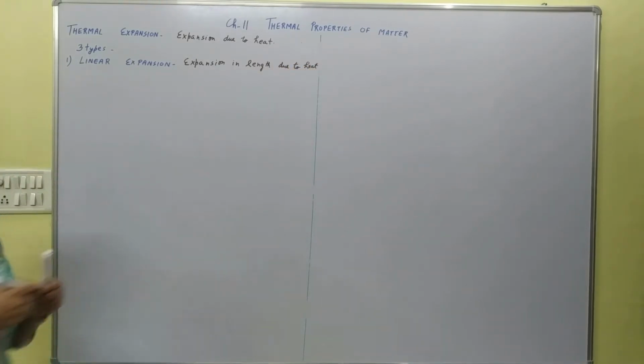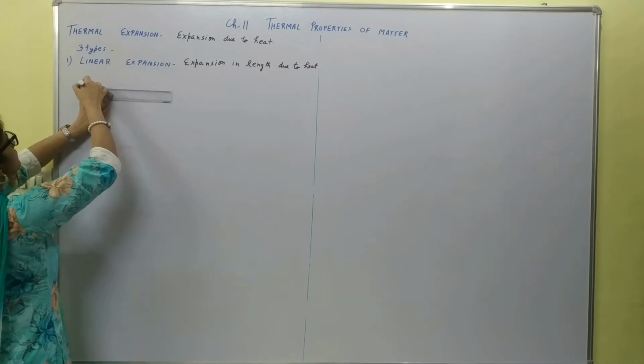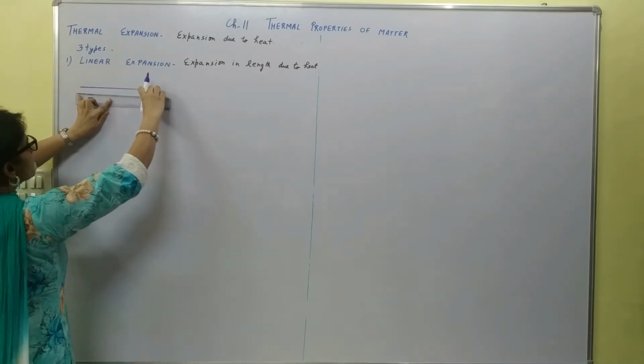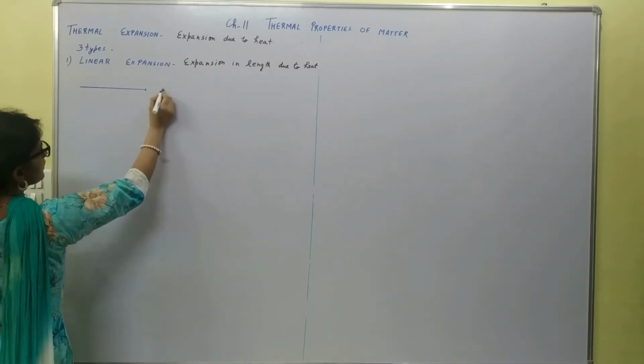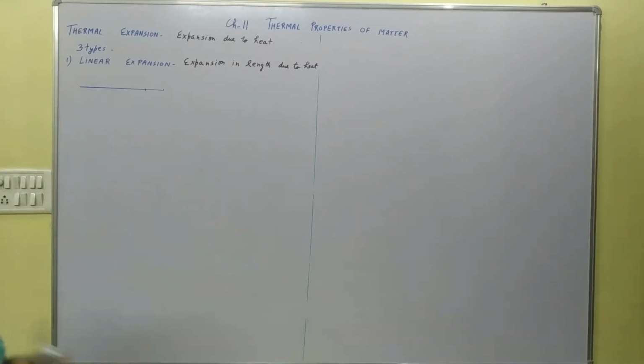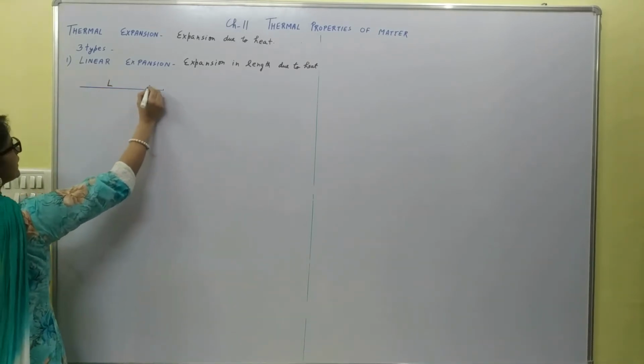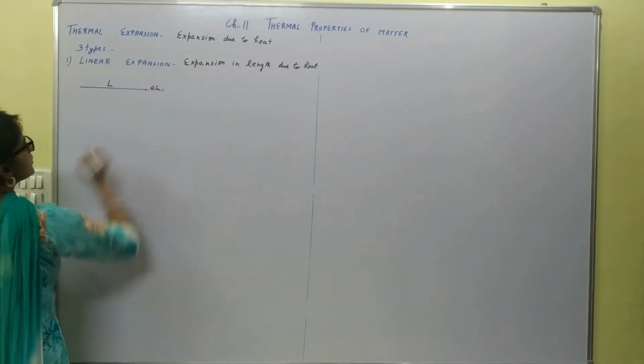So if we consider a length L, which on getting heat is expanded by delta L length. So this is the original length and this is the change in length.